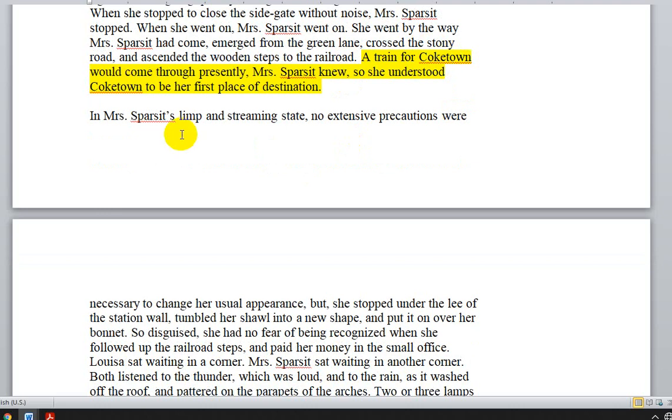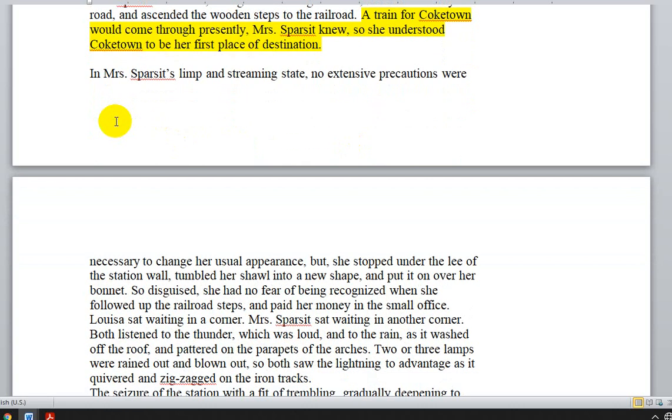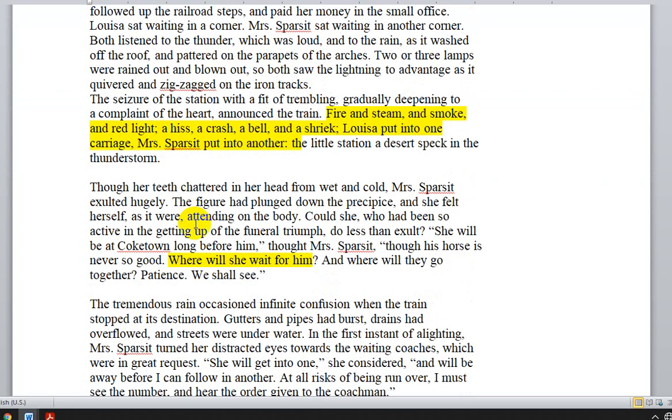A train for Coketown would come through presently, Sparsit knew, so she understood Coketown to be her first place of destination. And now Mrs. Sparsit thinks that Louisa is taking the train for Coketown and James is going to follow her and they would go together somewhere. This is how she thought about Louisa.